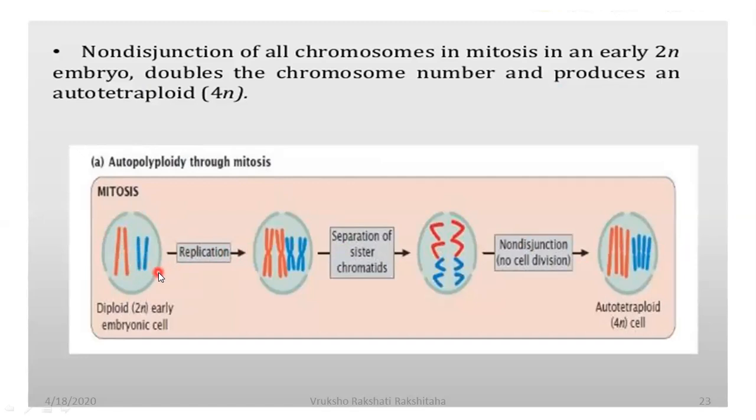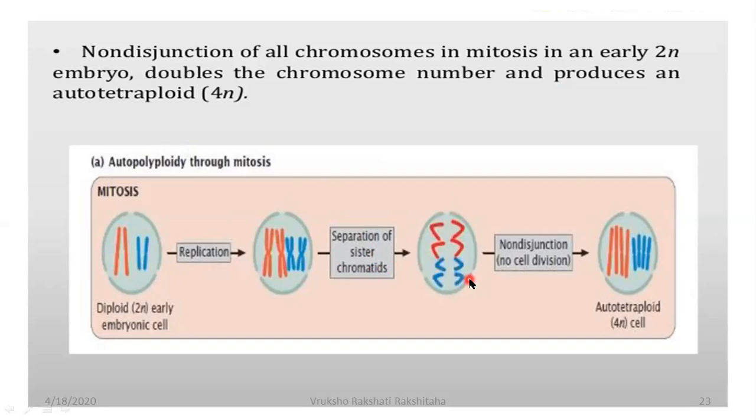Now during the S phase of mitosis, the replication of the DNA takes place, and when the cell enters metaphase, you can see that each of these chromosomes forms two sister chromatids. Now, separation of sister chromatids does take place, and when the cell moves to anaphase, you can see that the chromosomes have become V-shaped.